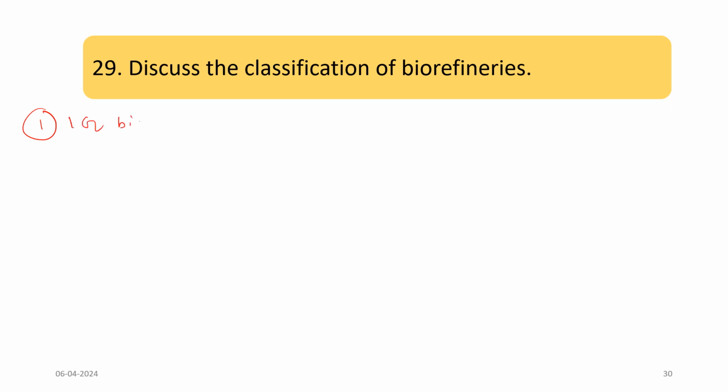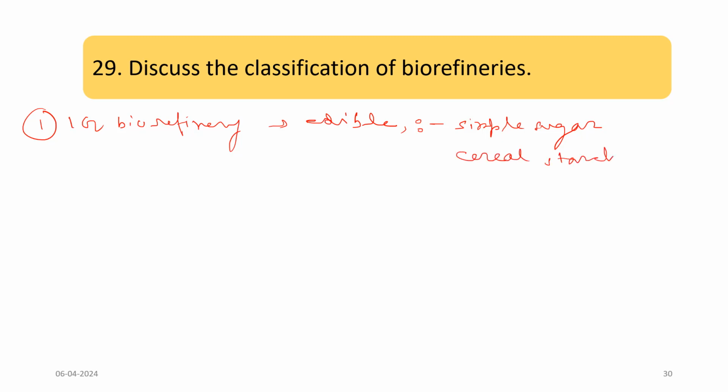So 1G biorefinery: for this case, the raw material is edible, includes simple sugar, then cereal starch, then vegetable oils, then animal fats. These are the basic biorefineries.